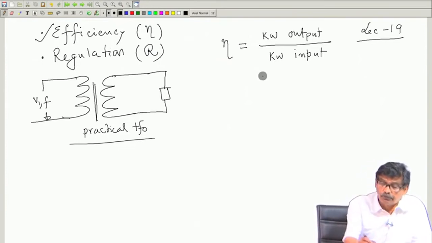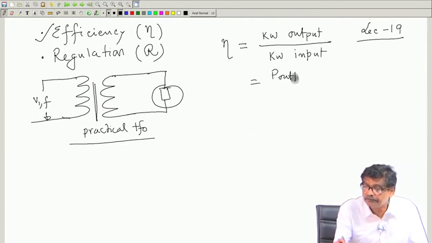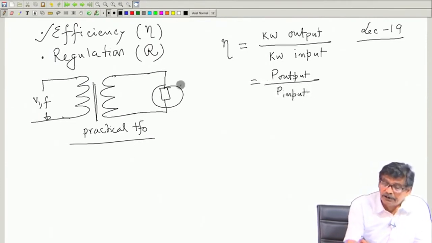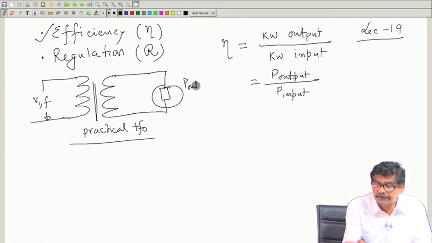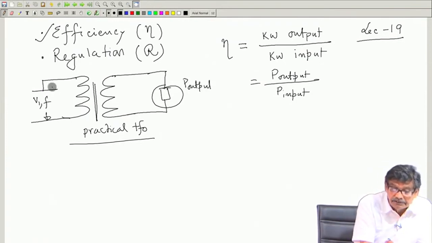What is kilowatt output? Output power. So, I write it P output, P real power, no reactive power, P output by P input. So, what is P output? P output is here. What is P input? P input is here from the supply.